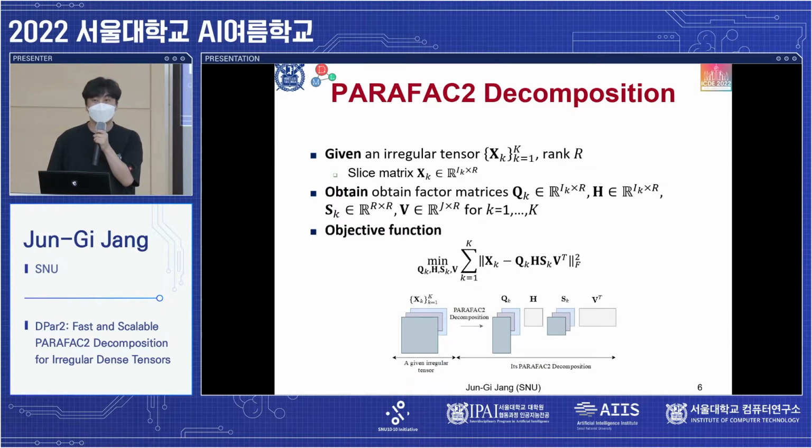Note that we call a matrix Xk a slice matrix. As shown in the figure, each slice matrix is decomposed into Qk, H, Sk, and V transpose. Note that H and V are shared across all the slice matrices.